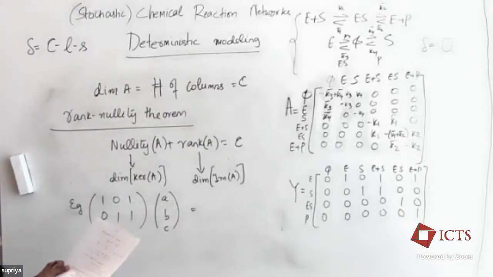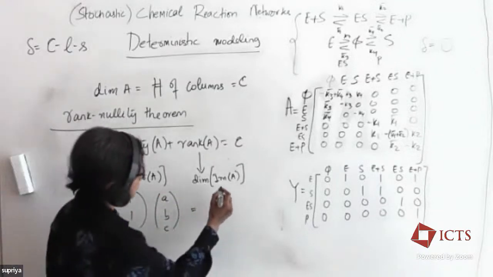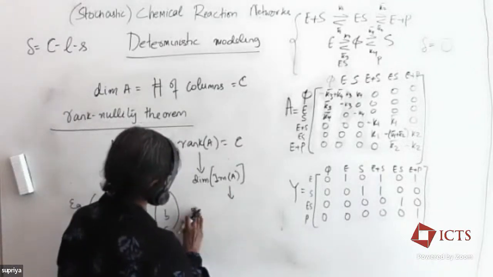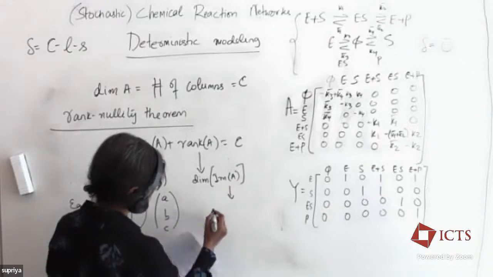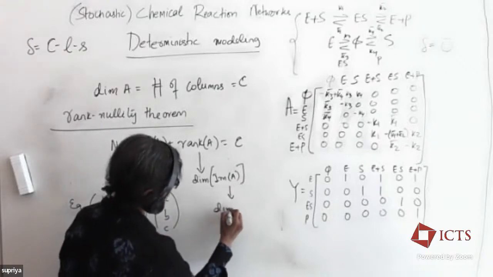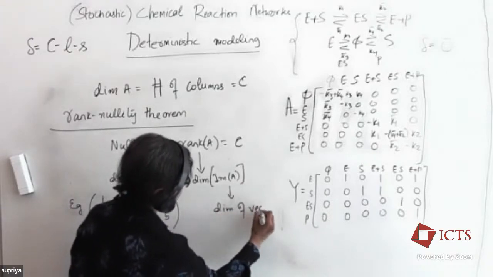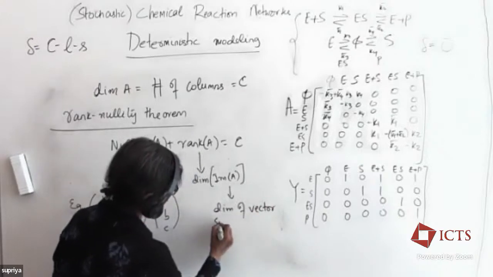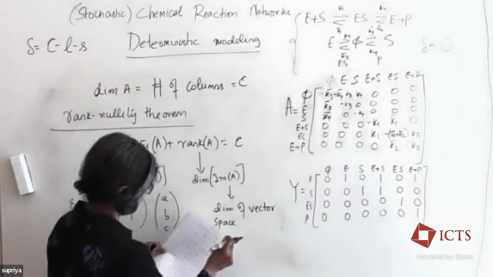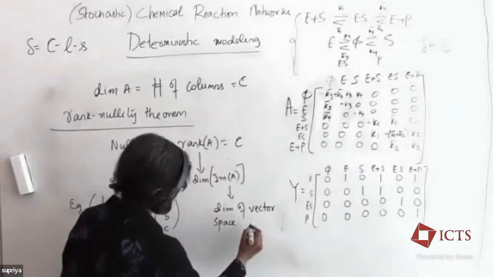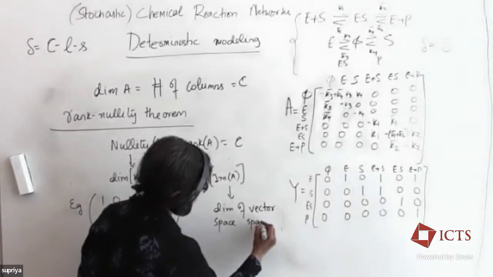So convince yourself that the image of A is the vector space spanned by the columns.